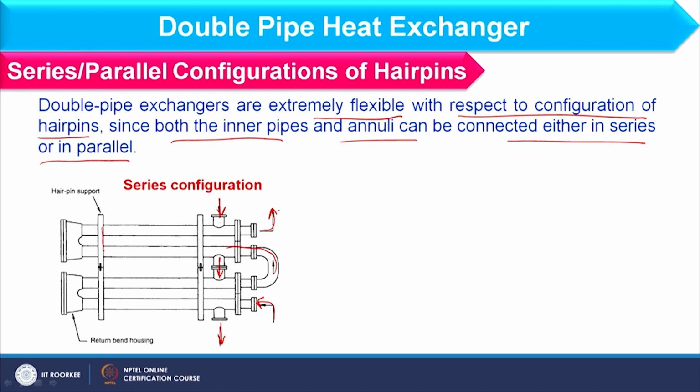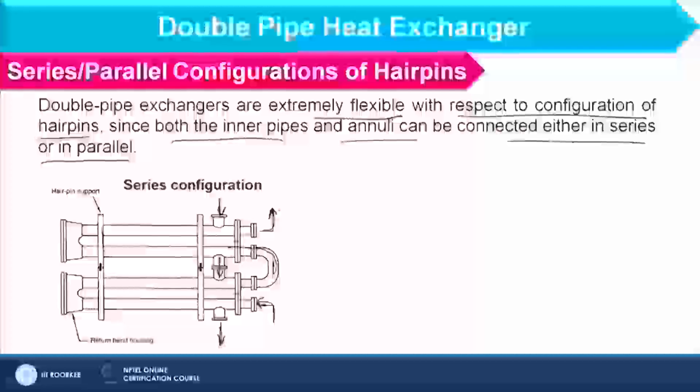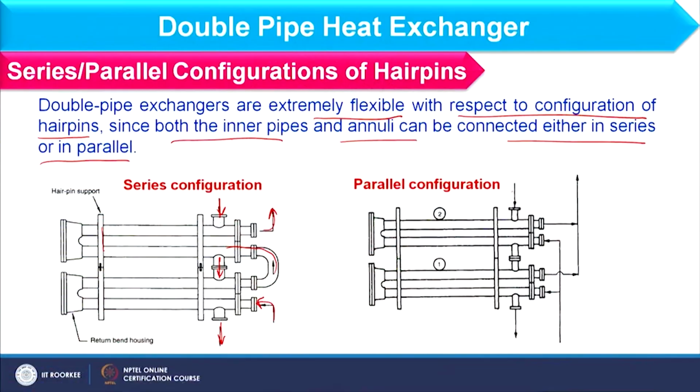Similarly, in the parallel configuration, fluid enters different hairpins separately and it exits separately. What is the difference? Let us see with this schematic. Here in the annular side fluid enters from here, then passes through this and then exits from here.